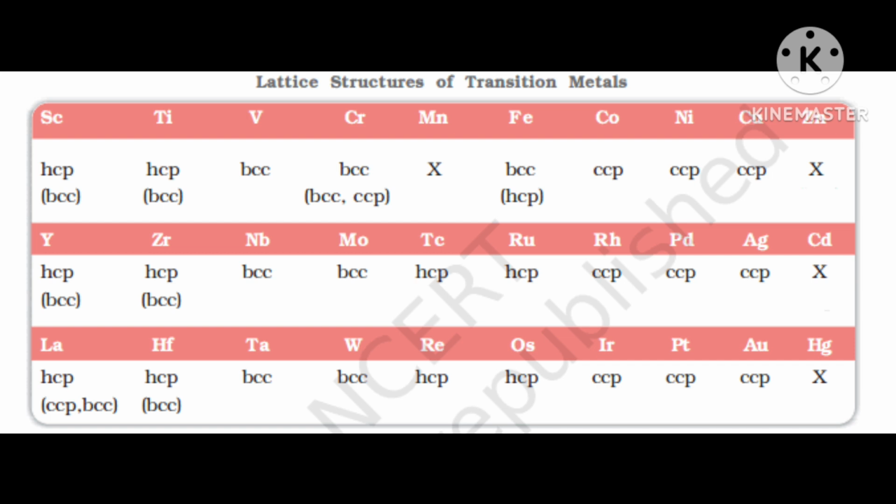In the first series, which one is highest? Chromium. Which one is least? Manganese. Titanium is a little high, vanadium is more than titanium, chromium is highest, manganese is least, and after that iron, cobalt, nickel.